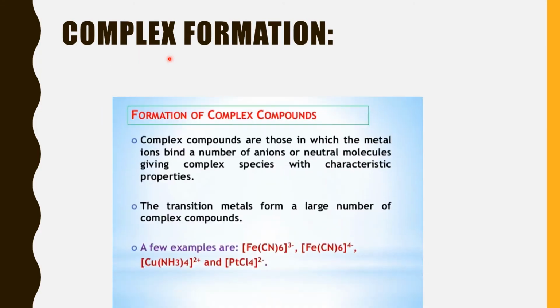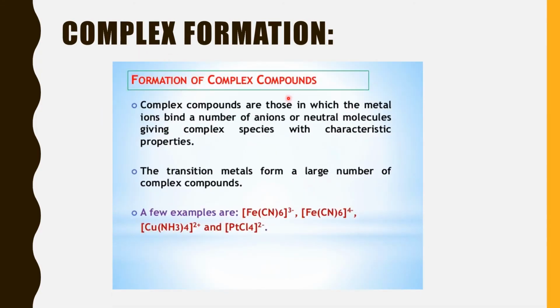And then the next characteristic is complex formation. Complex formation means complex compounds, as we know that the metal ions bind a number of anions and neutral molecules, giving a complex species with characteristic properties. We know that d block elements or transition metals form a large number of complex compounds.